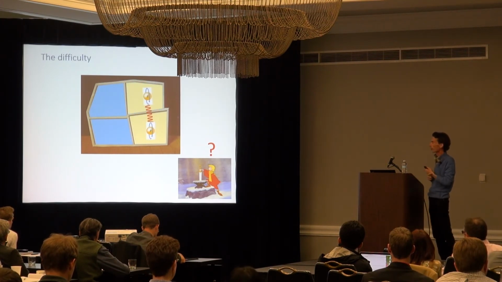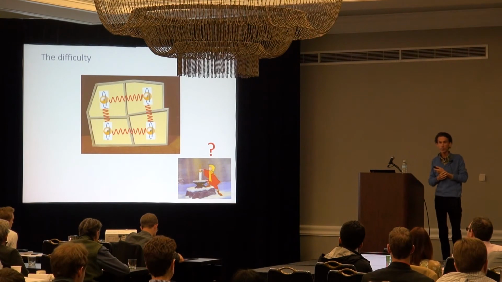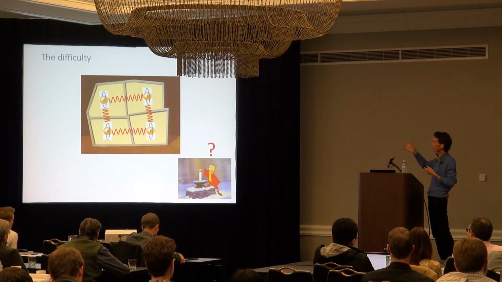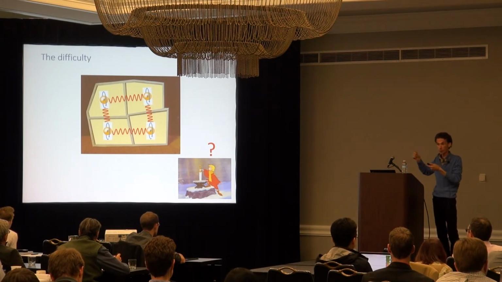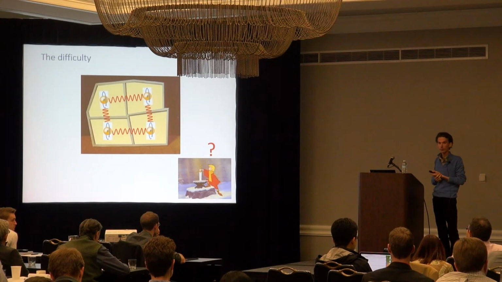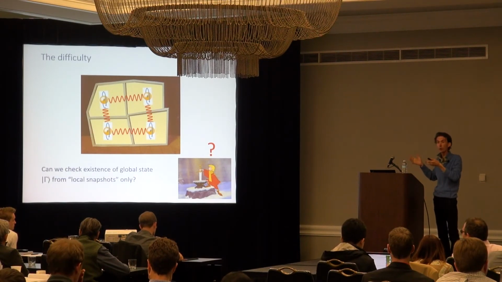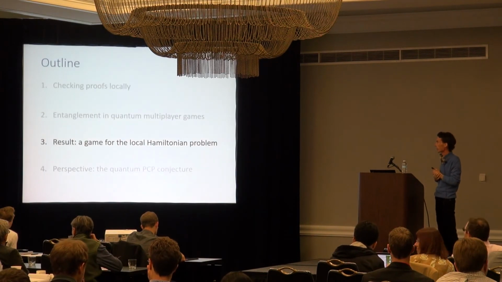What I didn't manage to detect so far is that there's no way to have 4 EPR pairs like this, right? This picture doesn't make sense. The question is, how high up do I need to go in order to detect that the picture doesn't make sense when I'm making the local observations? And that's the difficulty. This is a harder problem to do in the quantum case.